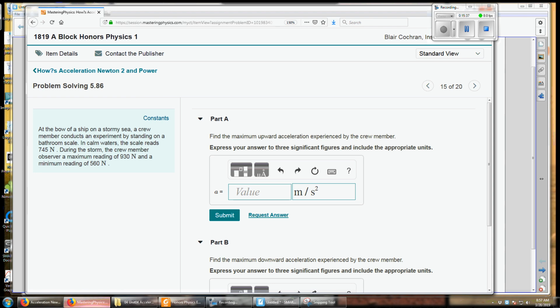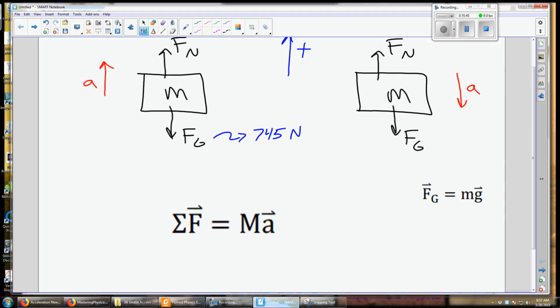Since my scale measures normal force, oh, it doesn't tell me which one is which. At one point it reads 930, the other reads 560. How do I know which one is which? Well, let's see. When I'm accelerating upwards, what direction must my net force be? Must be upwards.